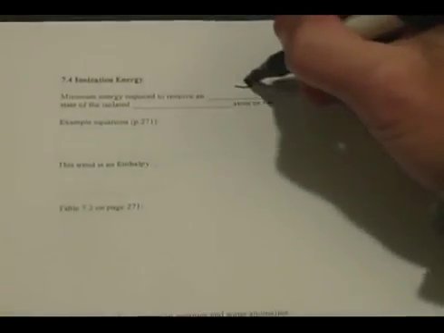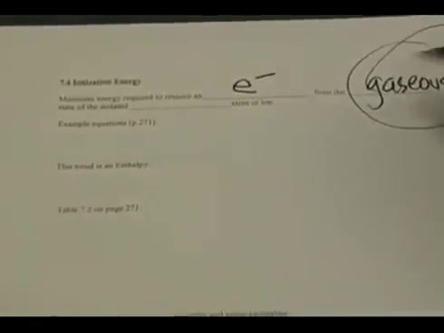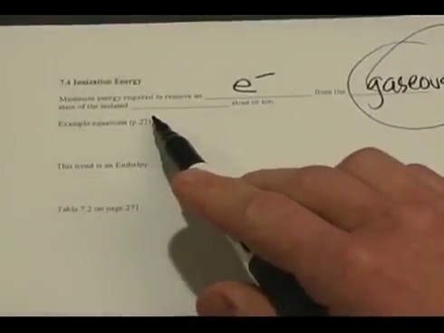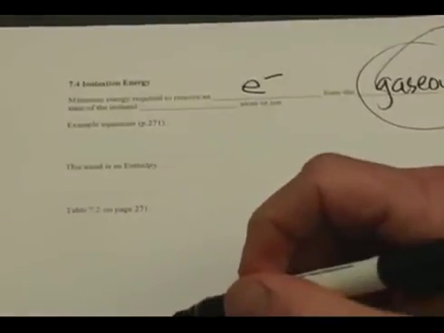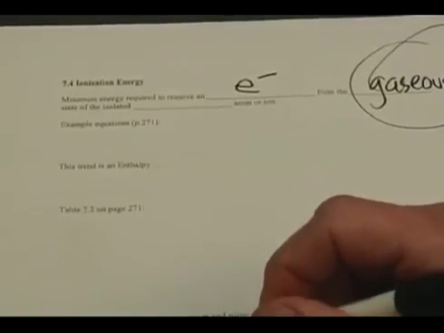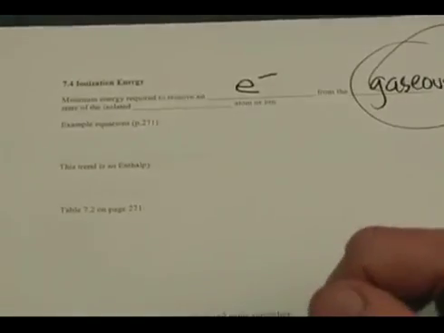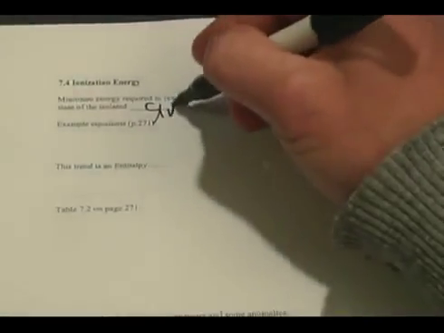Moving on, next page, ionization energy trend. Ionization energy is defined as the minimum energy required to remove an electron from the gaseous state, make sure you memorize that, of an isolated single atom or ion.